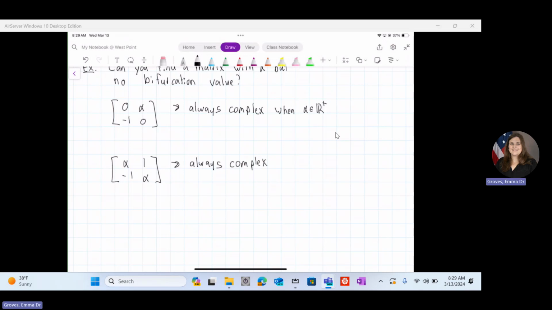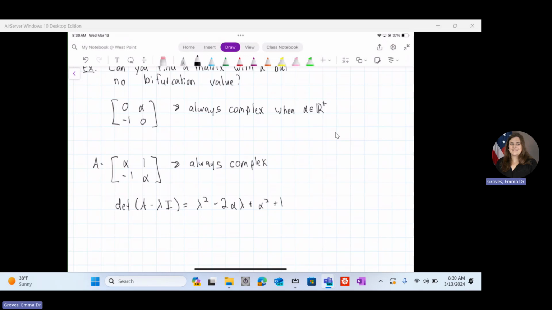The reason this one works is when you take the determinant of A minus lambda I, you get lambda squared minus 2 alpha lambda plus alpha squared plus 1.